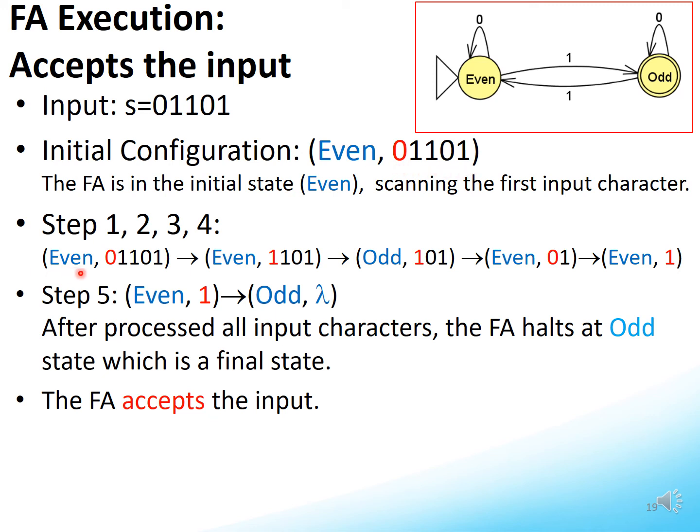The execution is represented this way: from the initial configuration, go to the next configuration, and the next, and the next, and finally the final configuration is odd, lambda. So after processing all the characters, the machine goes into the odd state, which is the final state. In this case, we say that the machine accepts the input.